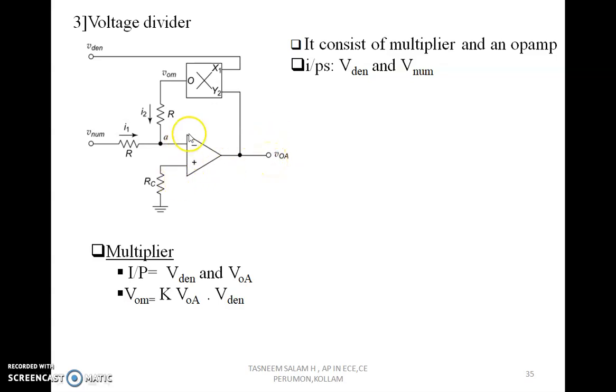So first we'll go on to the multiplier section. In the multiplier section, one of the inputs to the multiplier is Vden and another input is VOA. The output of the multiplier is VOM, which is equal to K into VOA into Vden.